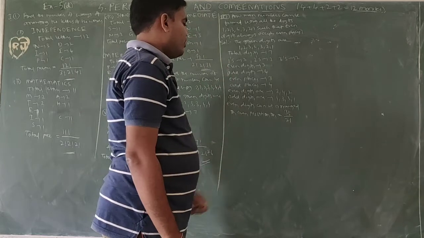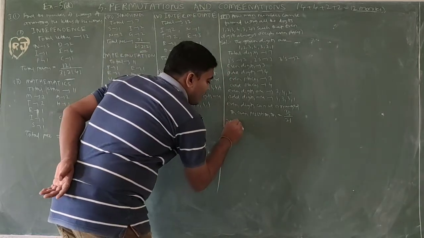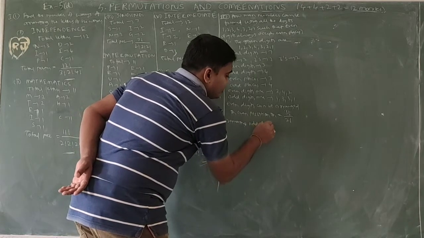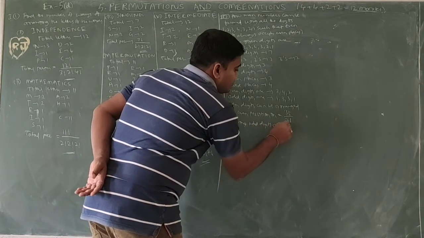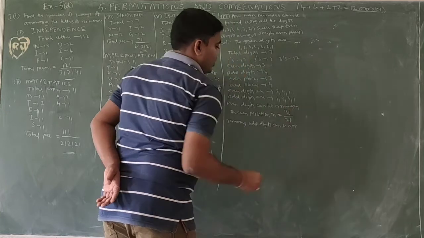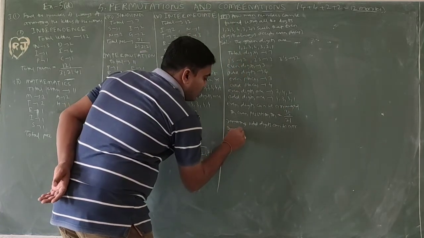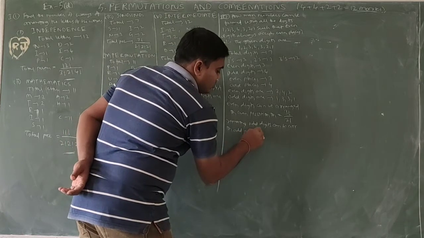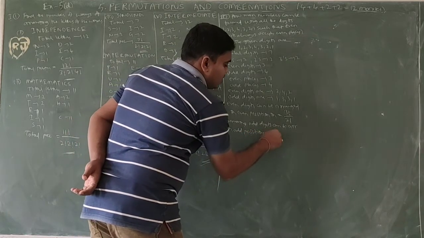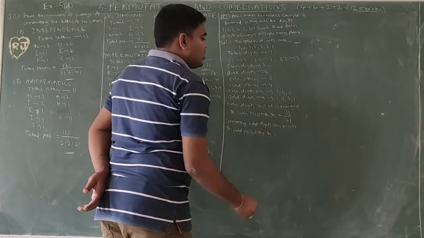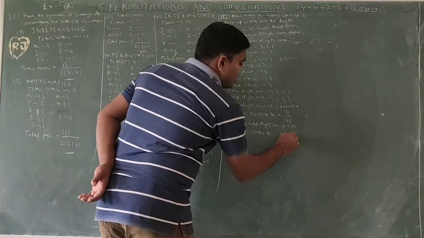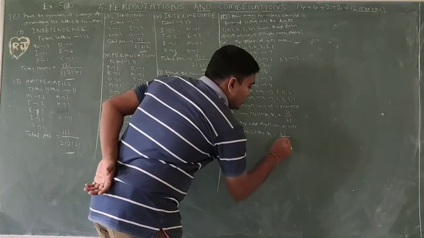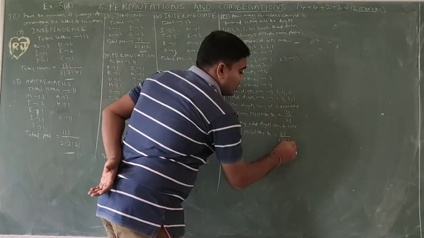So in this way, the remaining odd digits can be arranged automatically in the remaining odd positions. How many odd positions? 4 factorial. So odd digits 1, 3, 3, 1: 1 twice, 2 factorial, 3 twice, 2 factorial.